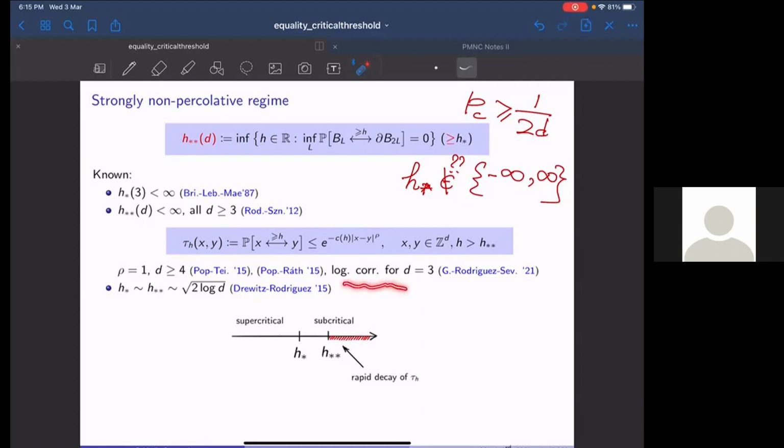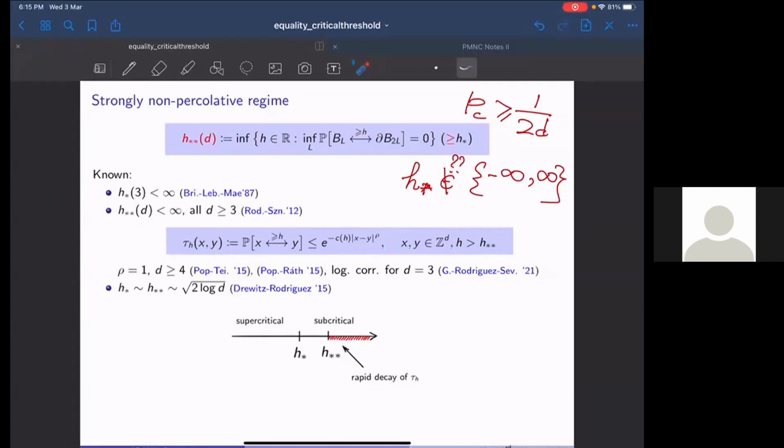And in the last of these 4 lectures, I'll talk about a very recent result, where we're surprisingly able to obtain the precise large deviation rate of this connectivity function, which is not very common in the non-planar case even for more classical models. Anyways, they proved that you have at least a non-trivial, strongly non-percolative regime.